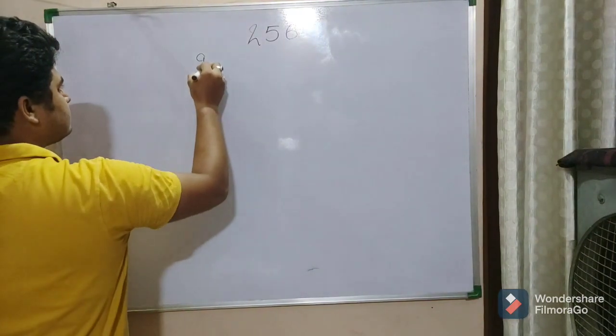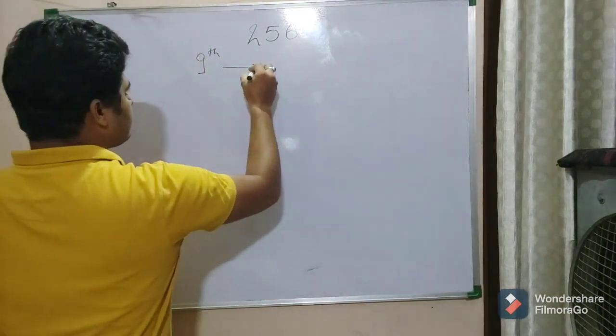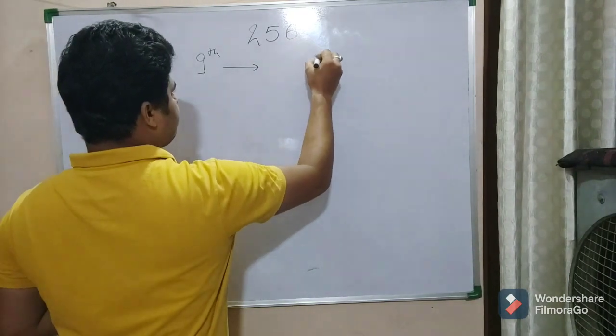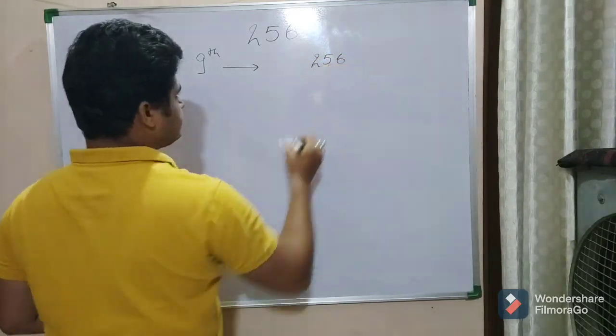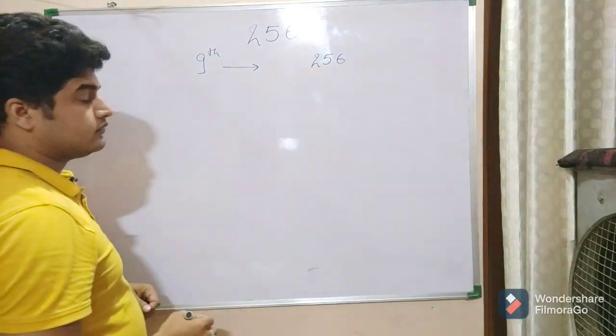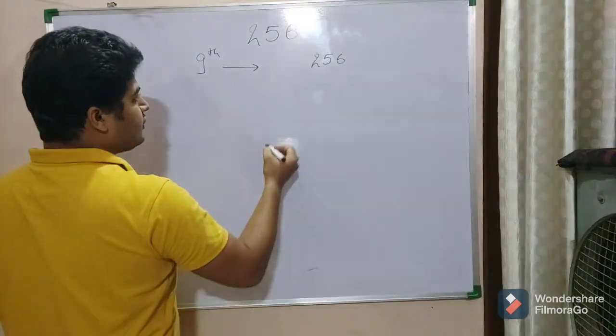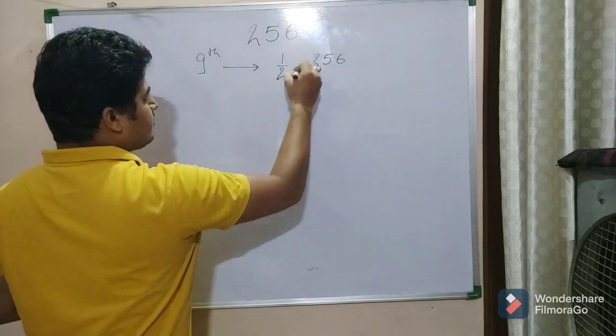So from the 9th day the treatment started, and the treatment started reducing the number of corona patients. So on the 9th day, suppose there were 256 patients, and we were able to give the medicines or treatment to half the number of people.